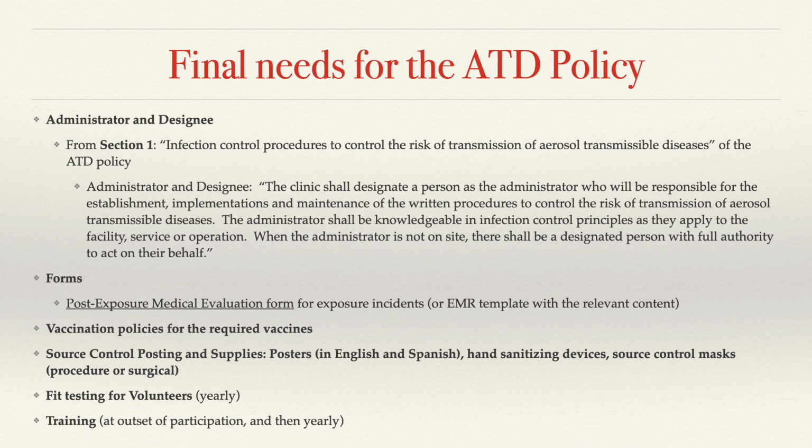And in regards to source control posting and supplies, we need the posters in English and Spanish, hand sanitizing devices, and source control masks, whether they be procedural or surgical. We will be doing fit testing for volunteers yearly. And lastly, we are required to do training. And this is done at the outset of participation and yearly thereafter.